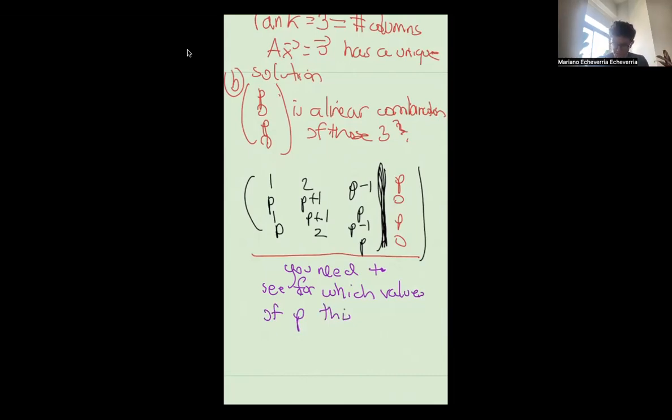It's similar to the exam problem I gave, a system of equations depending on A and B, where I asked when it has 0, 1, or infinite solutions. The difference here is everything is in terms of P.